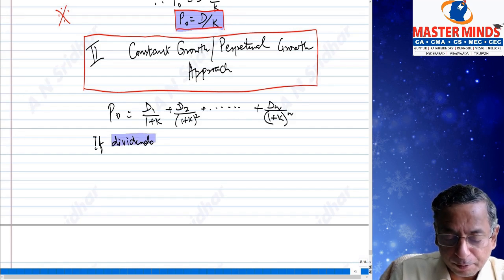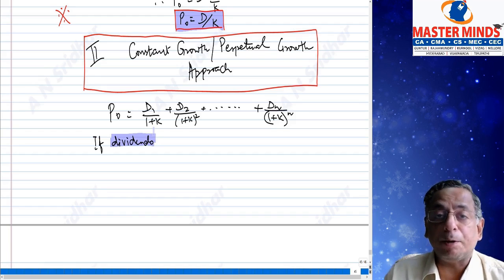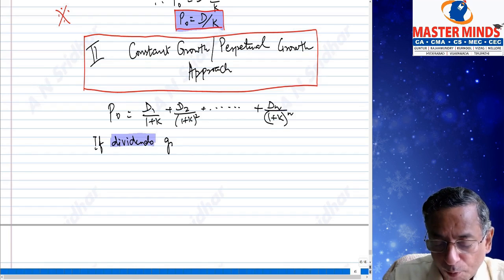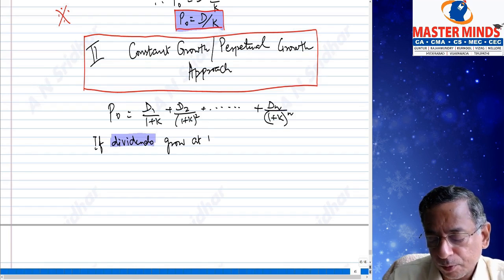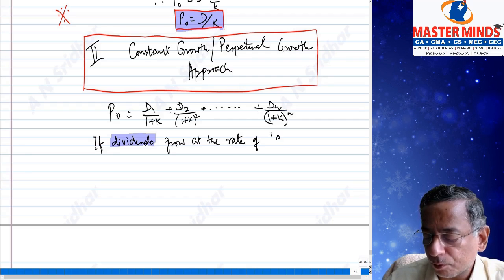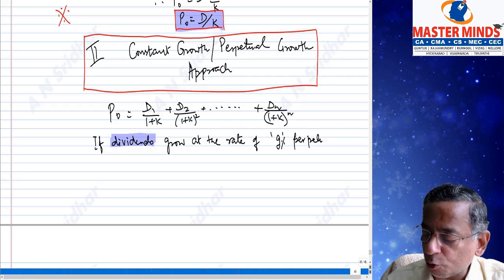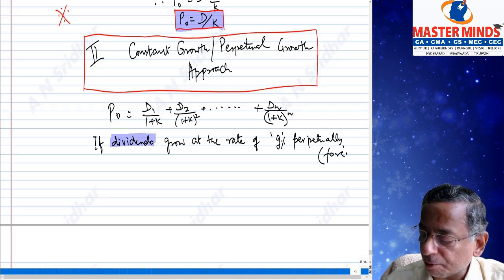You have to be very careful. I am highlighting with a purpose. If dividends grow at the rate of G percentage, you can say perpetually. Perpetually means forever.